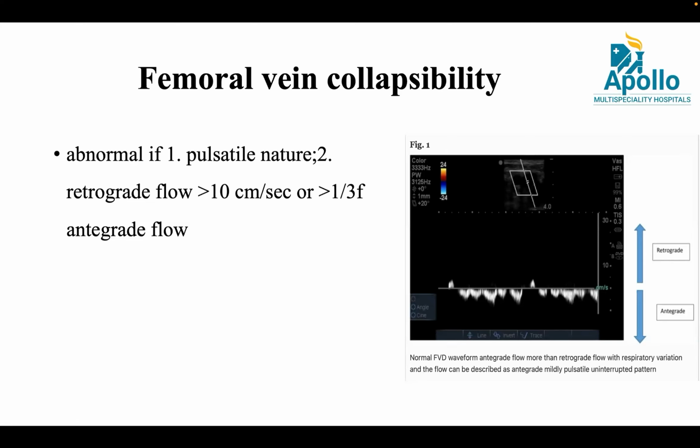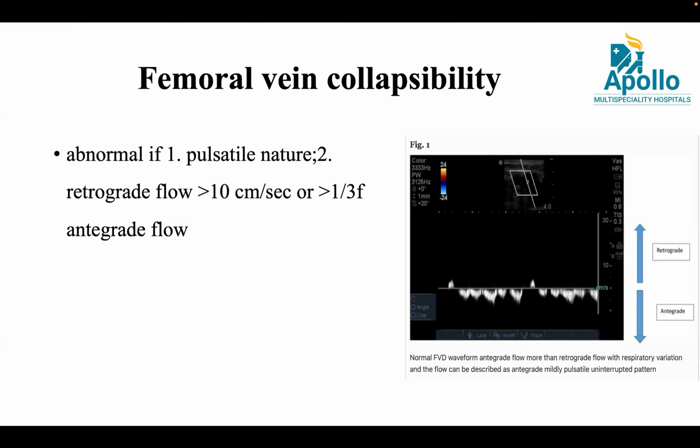If you put the probe on the femoral vein in a cross-sectional way, not longitudinal, like you have a circular vein in situ, and you put the pulse wave Doppler, you get velocities like this, where some of them are retrograde waves and the majority are antegrade. Antegrade means the blood flow is towards the heart. But if the blood flow is away from the heart, that means it is bad.